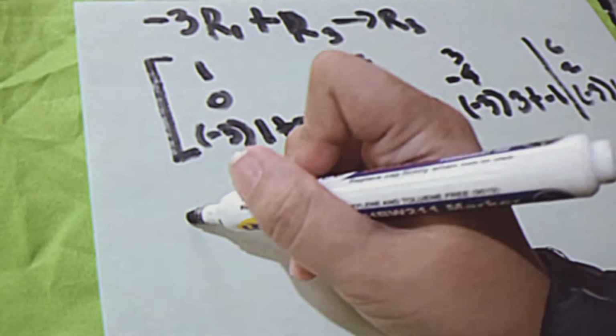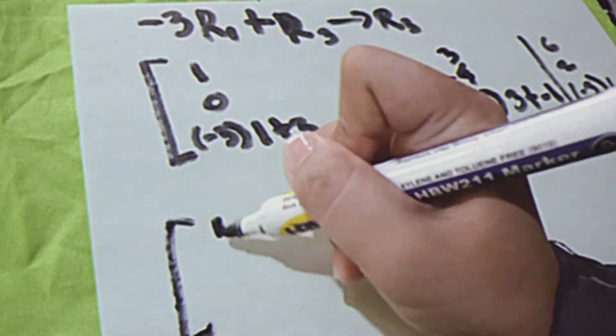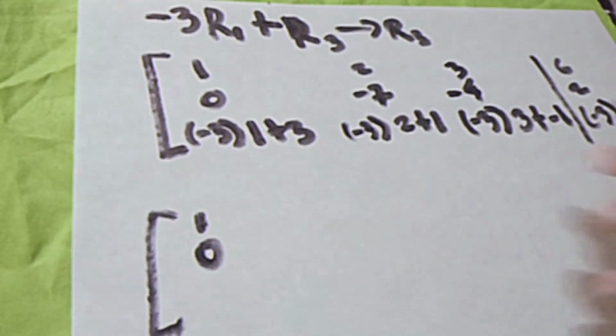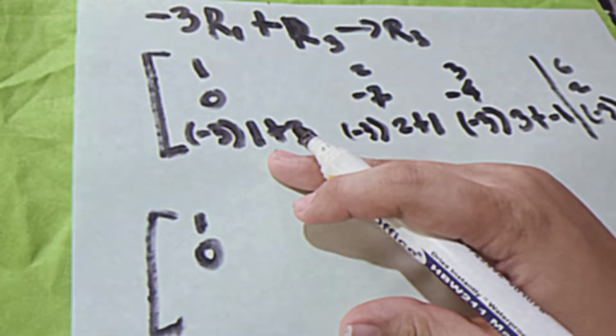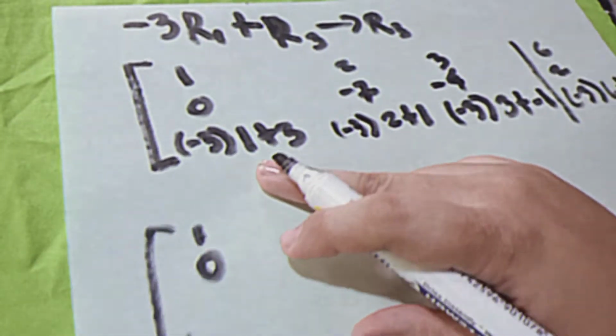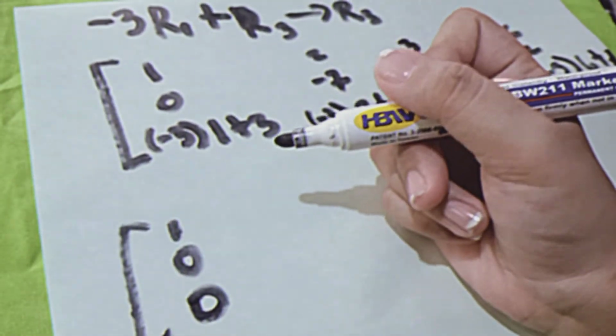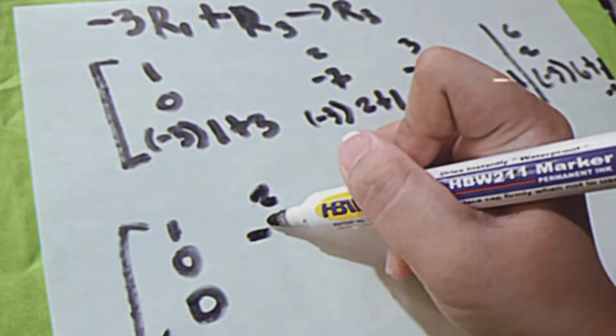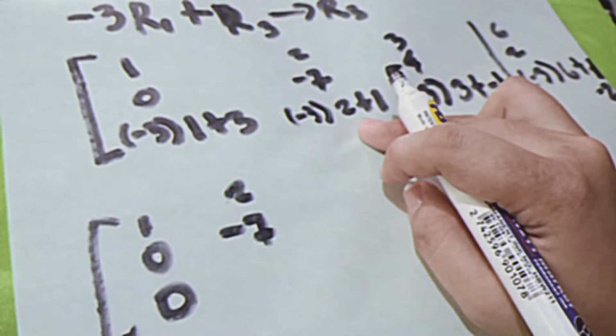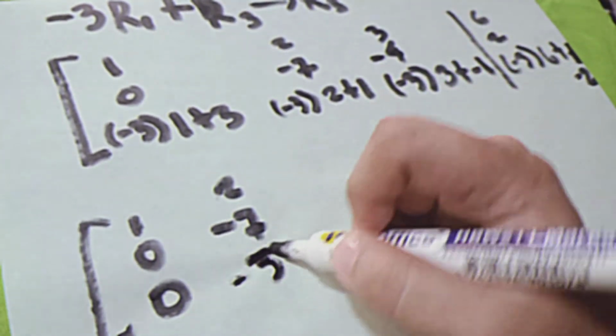So 1, 0. Negative 3 times 1 plus 3 is equal to 0. Next one is 2, negative 7, negative 3 times 2 plus 1 is negative 5.